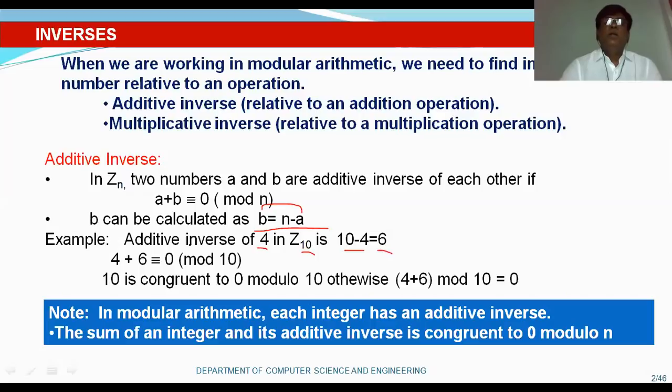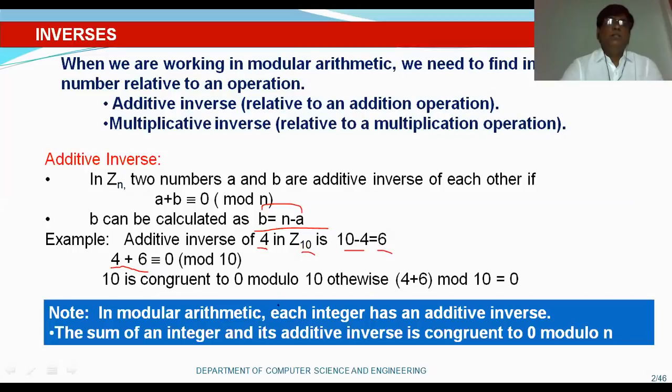So the additive inverse of 4 is 6, because 4 plus 6, where 4 is the integer and 6 is its additive inverse, is equal to 10, which is congruent to 0 modulo 10.